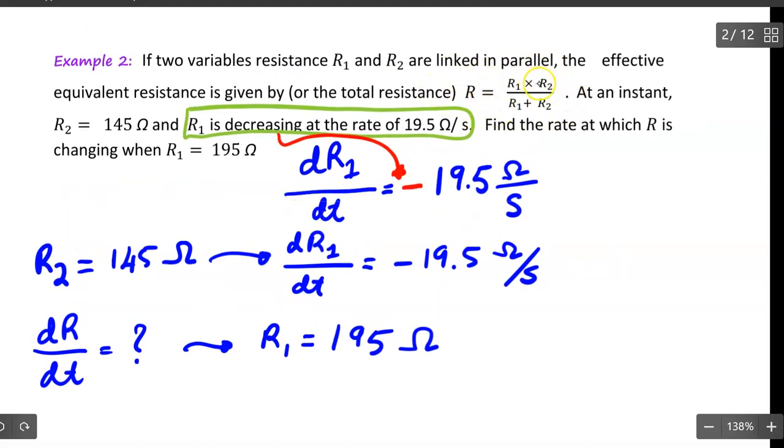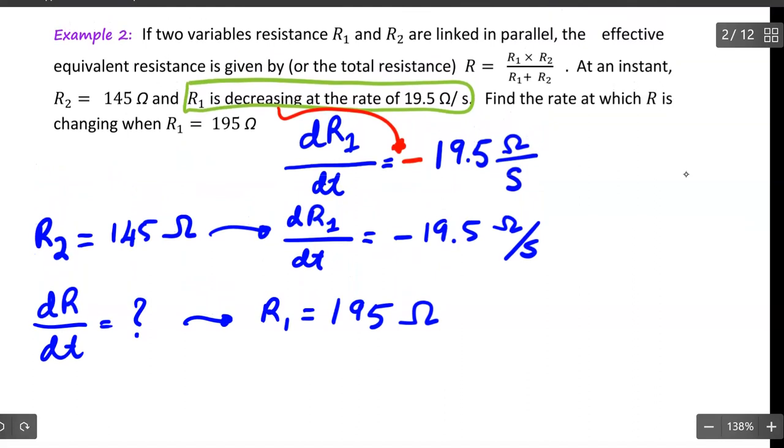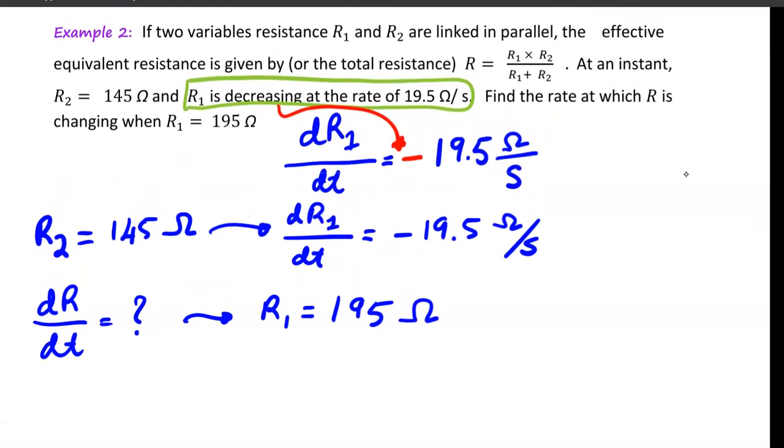Okay, so R equals R1 times R2 over R1 plus R2. So what I am going to ask you to do is make sure to know that the variable that we are going to use is the R2 in this case, but the R1 we'll just leave as the variable R1. Okay, so the value for R2 is 145. So we substitute into this equation, but R1 will stay as a variable.